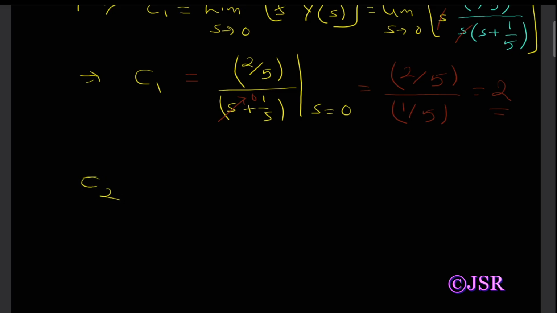Similarly, C2 can be calculated as limit s tends to minus 1 by 5.